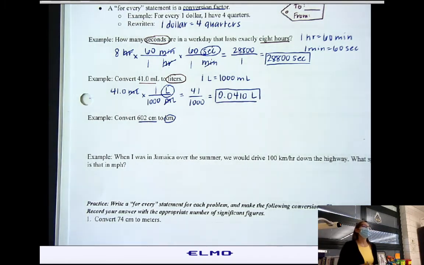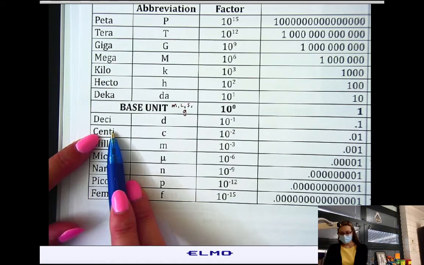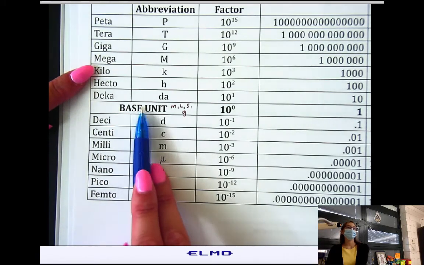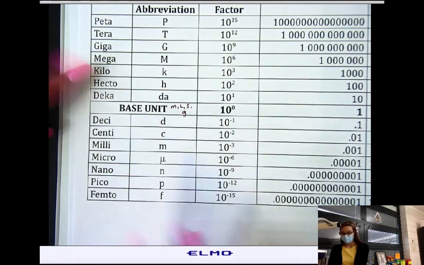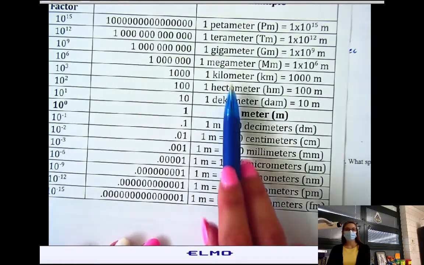When you have metric system conversions, if you're going from one prefix to another, go to the base unit in between. So if we take a look at this again, we're given centi, we need to go to kilo. Go to the base unit in between. That way you can use these conversions every time.